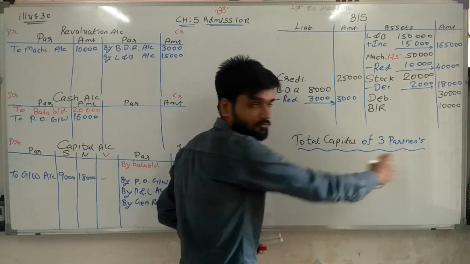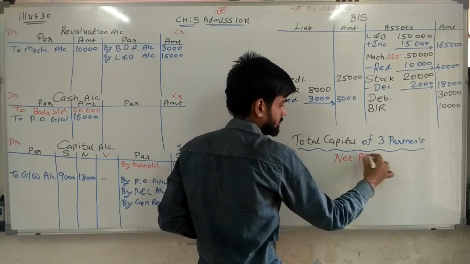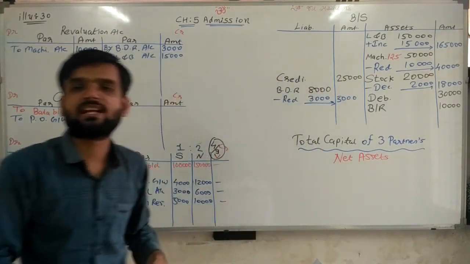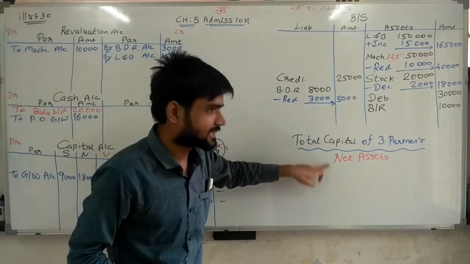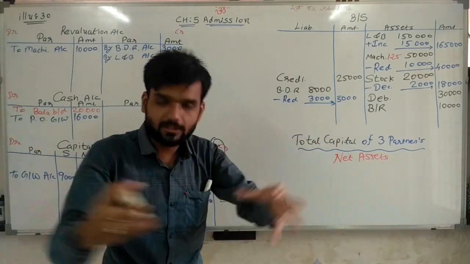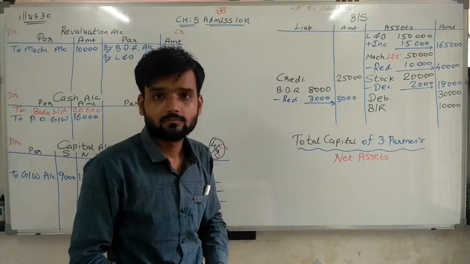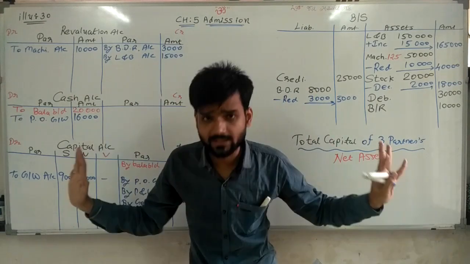So the total capital of three partners is net asset. Both are the same. Total capital of three partners and net asset are the same. This is very important for this chapter.